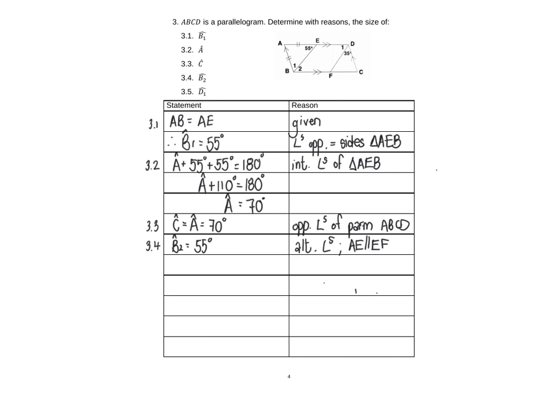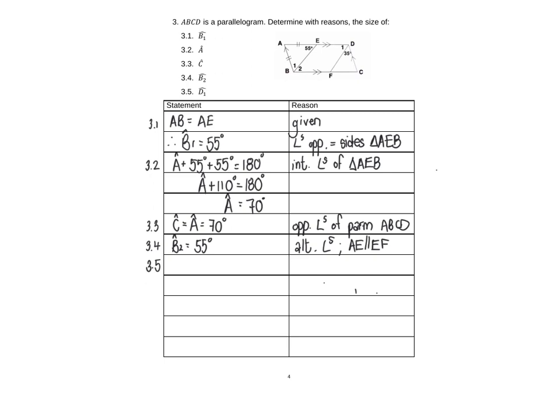And then 3.5, they ask you to solve D1. D1 is over here, and D1 together with the 35-degree angle is an angle opposite B over here, where we know the sizes of B1 and B2. So if we add these two angles together, it gives us the size of D1 and 35.